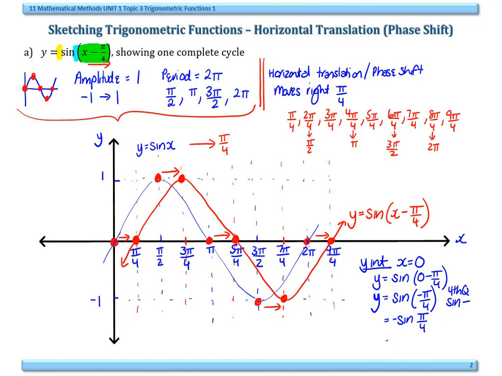And sine of pi on 4 is 1 on root 2. So you get negative 1 on root 2, and as an approximate, it's approximately negative 0.71. So if I needed to extend this curve down, I know that that point there is negative 1 on root 2, and I could put in my y-intercept.